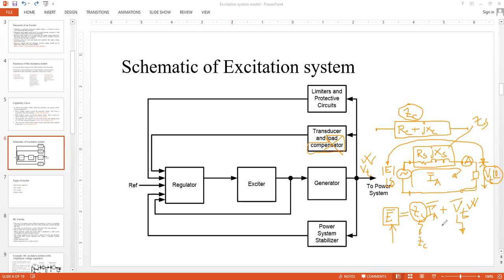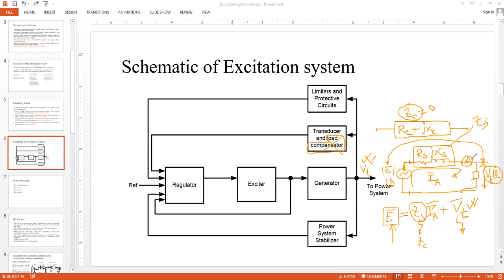So you see, the load compensator allows us to measure or get an idea of different voltages at different parts of the overall power system, other than the terminal. If our interest is only the terminal voltage, then we make the load compensator 0.